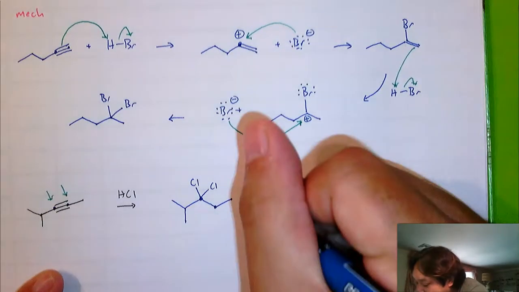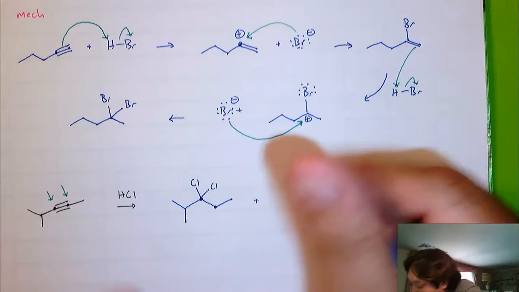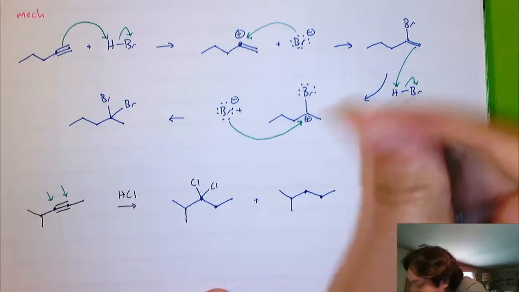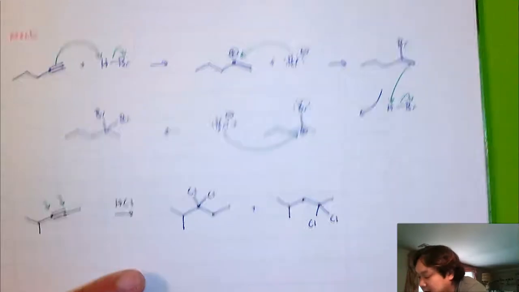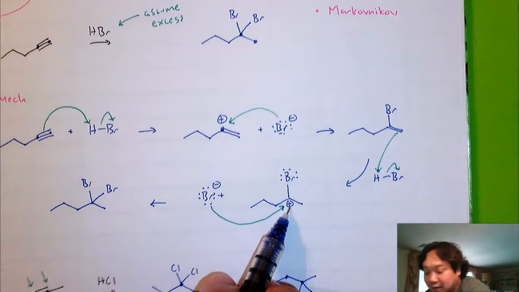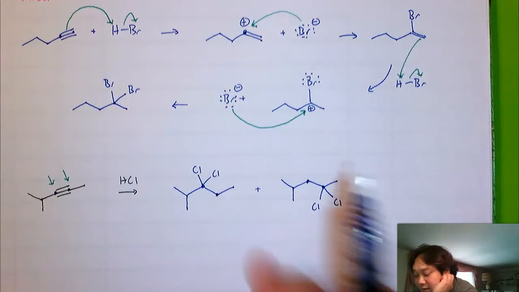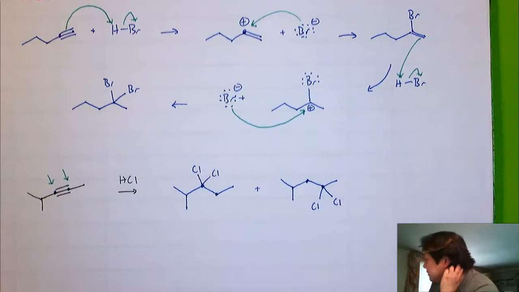But the thing is, they're just as likely to go on this carbon here. You could draw the mechanism to prove it to yourself that yes, you're still following the rule that you're making a carbocation the second time around across the existing halide. And so these are your two products, and they happen to be not identical. They're different. Those are two different products.